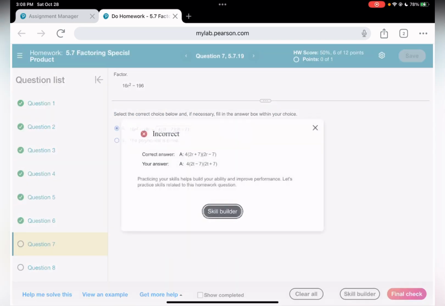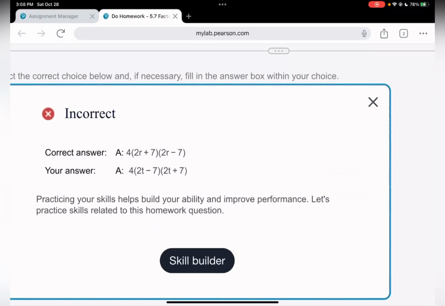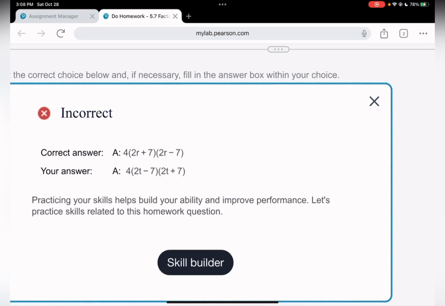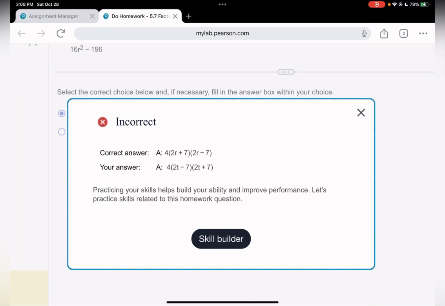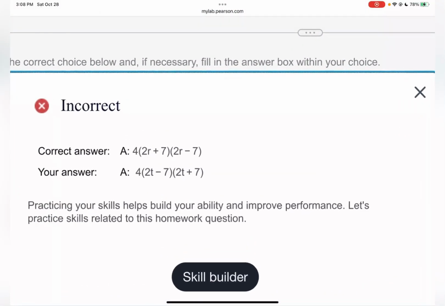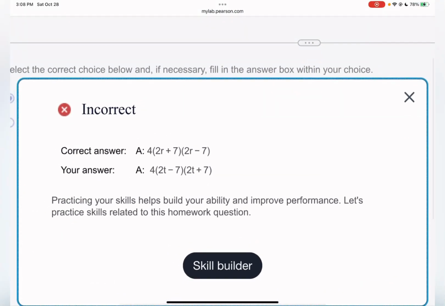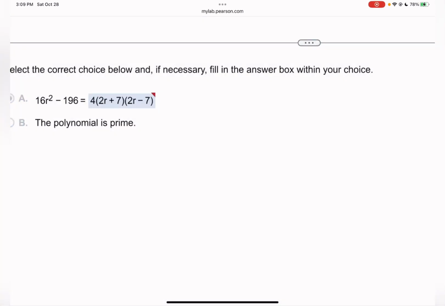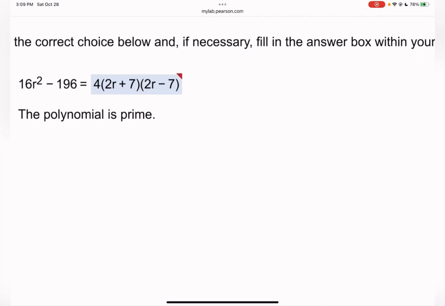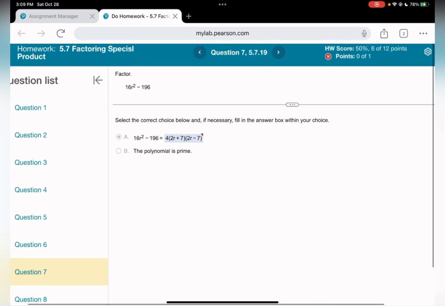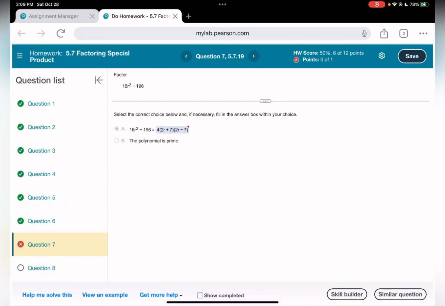I'm curious. I was typing t. Okay. Here is 2r plus 7, r minus 7. I have 2t. All right. I wrote t. Well, that you can survive, right? We just write down the right letter. I didn't pay attention. I saw it's a t. All right. Moving to next question.